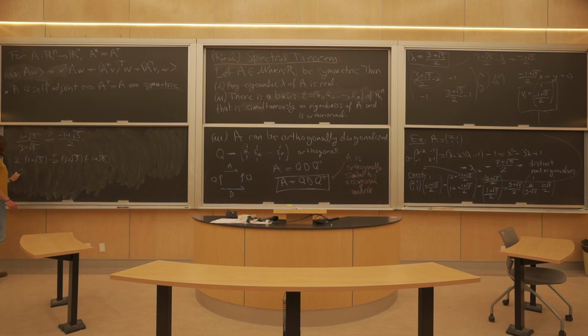Here I have 2 plus 2 root 5, and here I have minus 3 plus 3 root 5, minus 1 root 5 is plus 2 root 5, and then plus 5, which is the same thing as this, of course. Okay, so it does work. We checked that this calculation was indeed correct. So that is one eigenvalue, and that is an eigenvector for it.